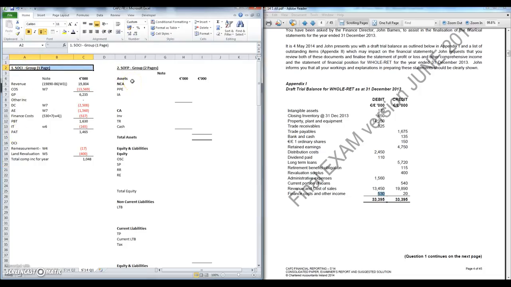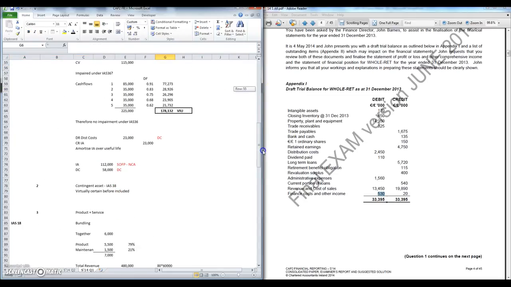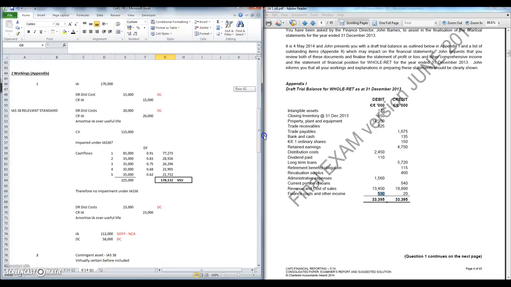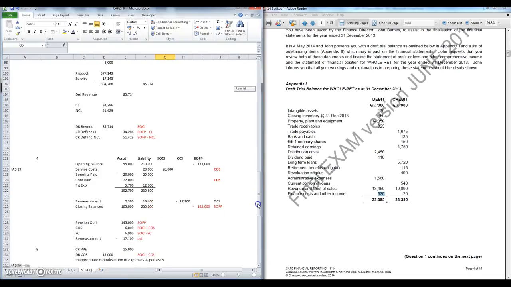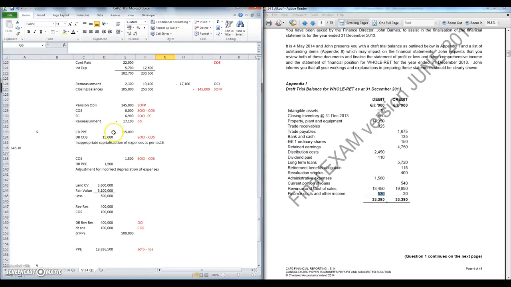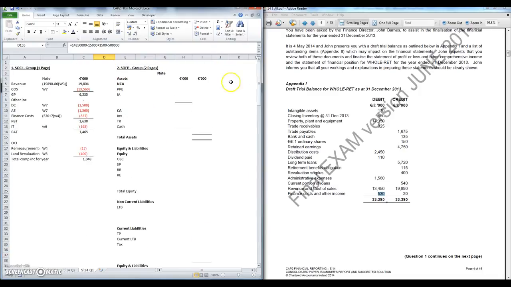The next one then is to look at your SOFP. So property, plant and equipment we would have done already from working 5 I think it is. Working 5 we already figured out property, plant and equipment in CAS, what's useful to label, of 13,837. So I'm just going to round. So working 5, 13,837.